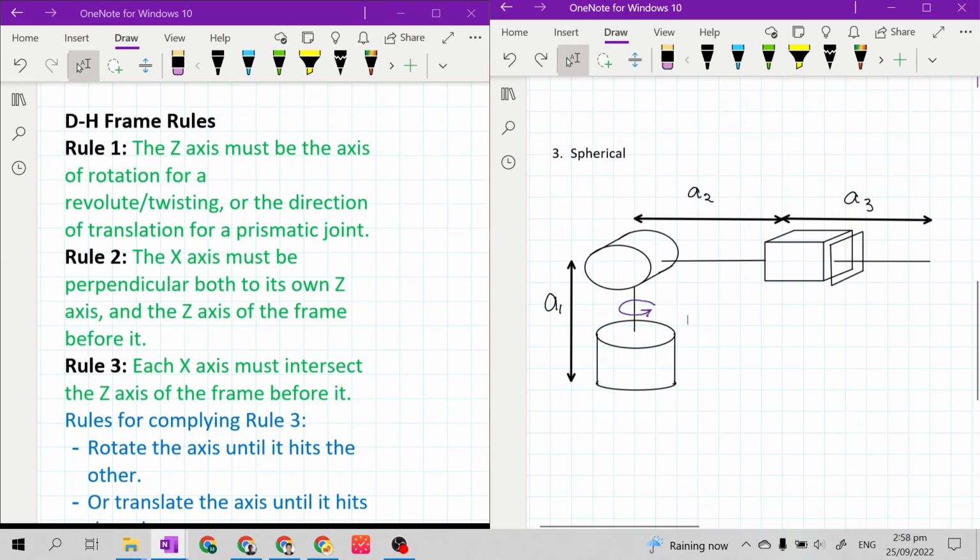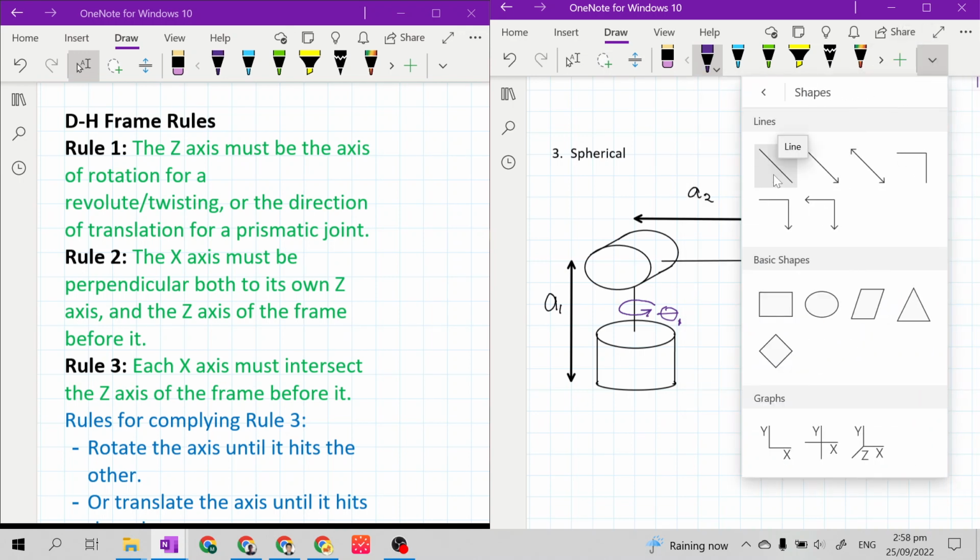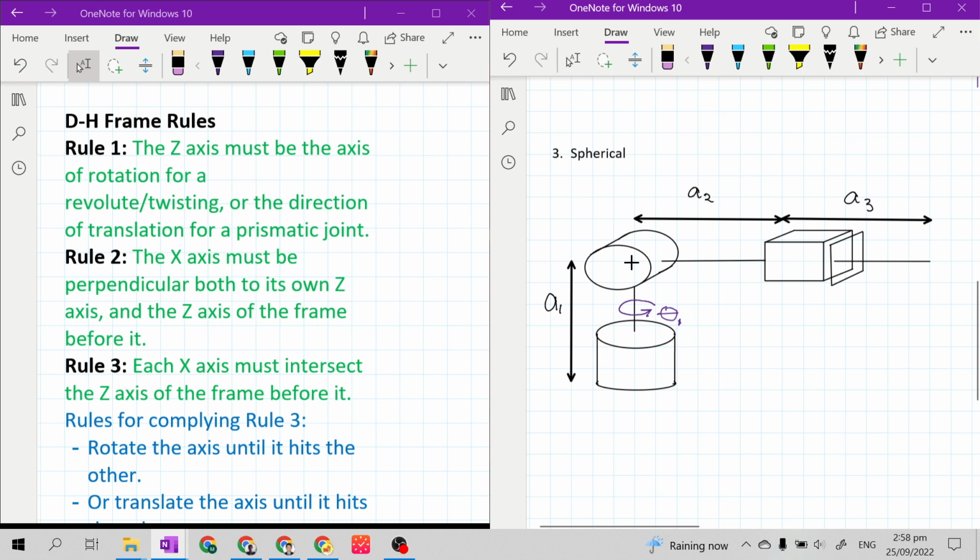Oops, sorry. For our second joint, we will place our indicator in a broken line, here.